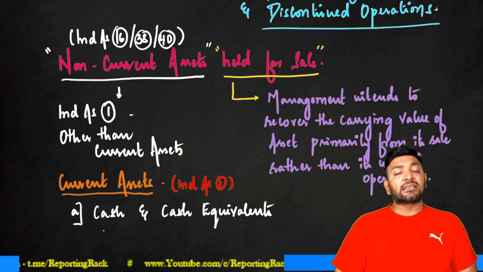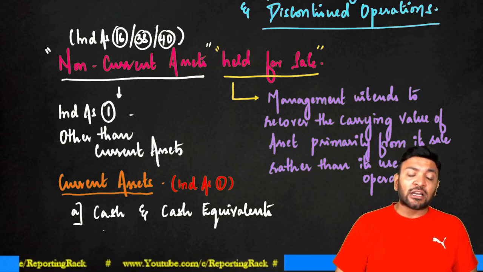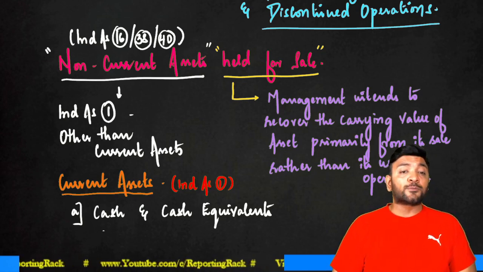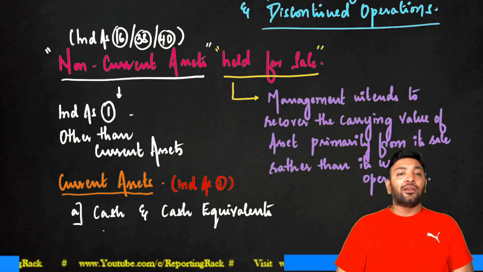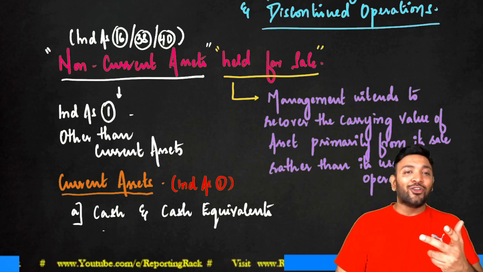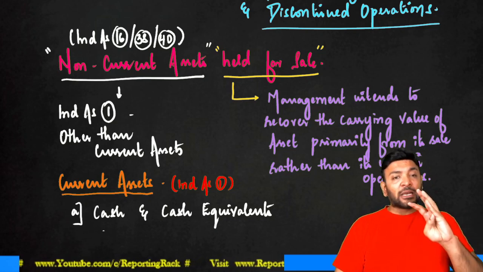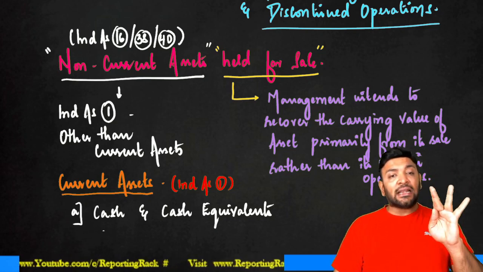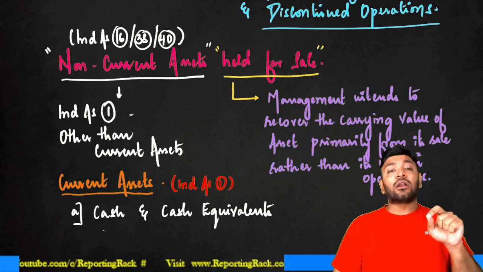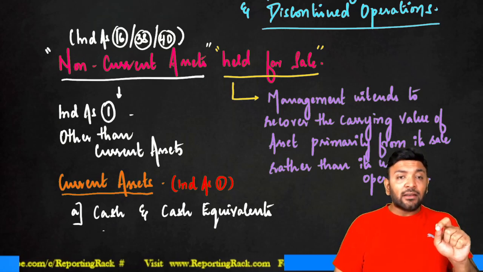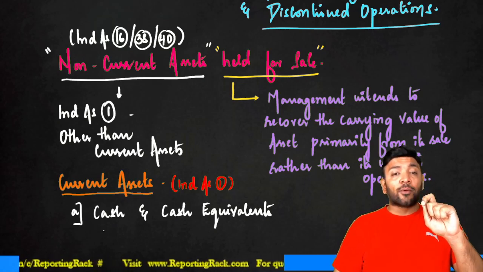Are there not other assets which can be called non-current? Yes. There are certain other assets which can also be called non-current, but they are excluded specifically from the scope of the standard. Very good. You brought out something now. You are saying that other than property, plant and equipment, investment property and intangible assets, there are other non-current assets as well, but they are not covered within the scope of the standard.